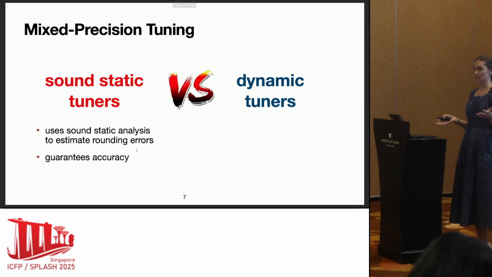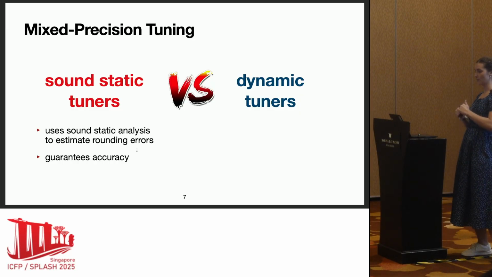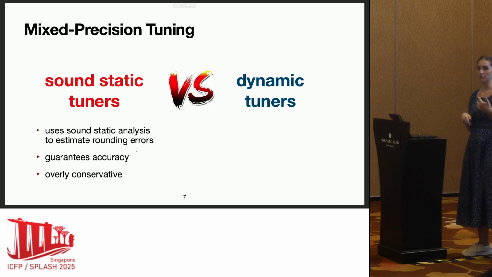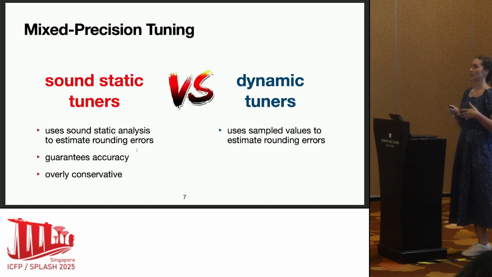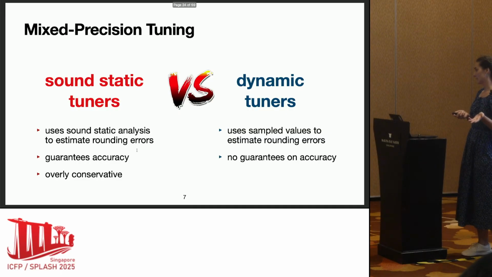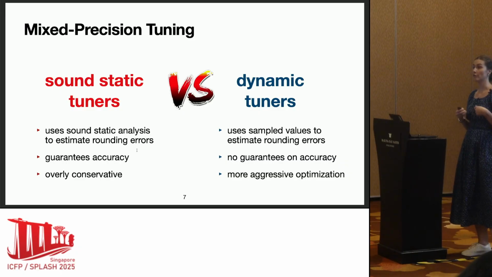They provide guarantees because they talk about the worst case scenario, but because of that, they are also overly conservative. On the other side of the spectrum, we have dynamic tuners that use sampled values to reason about rounding errors. Because of that, they do not provide any guarantees since they are not sampling all possible values. But this also enables them to be more aggressive in the way they are optimizing the programs, which potentially might be beneficial.